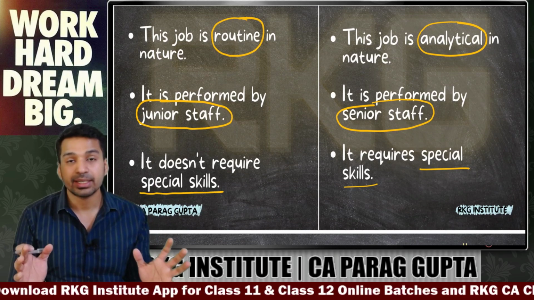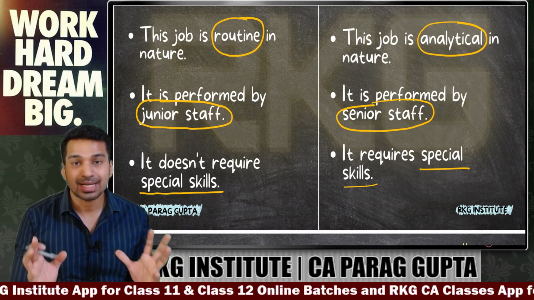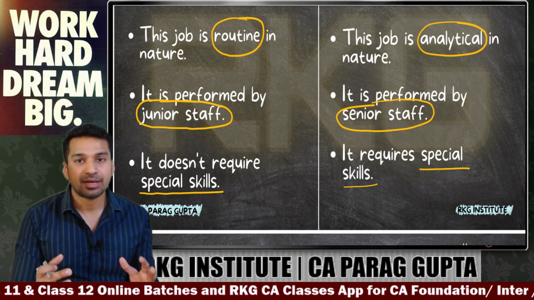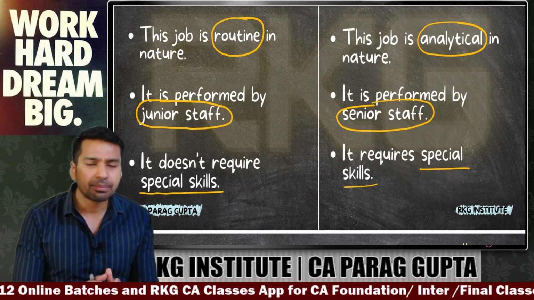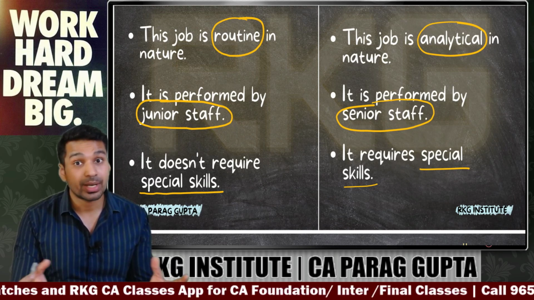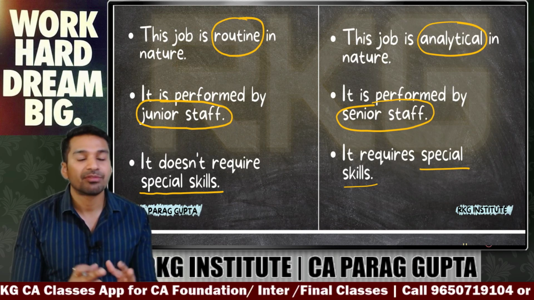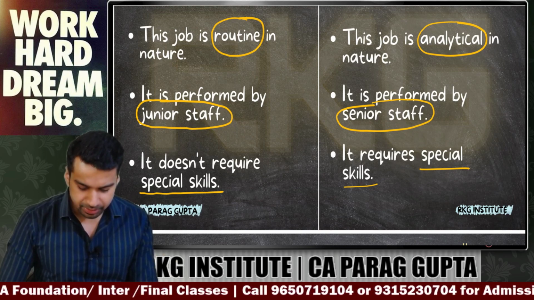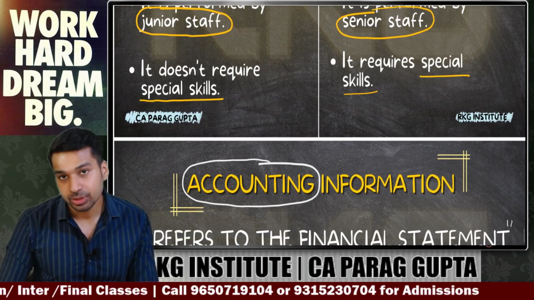So accounting is a wider concept which requires analysis, which requires special skills, and generally senior staff does accounting. But bookkeeping is a routine job which does not require any special skills and is generally performed by junior staff. So this is the difference between bookkeeping and accounting.